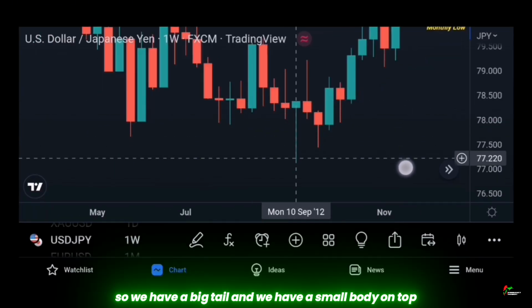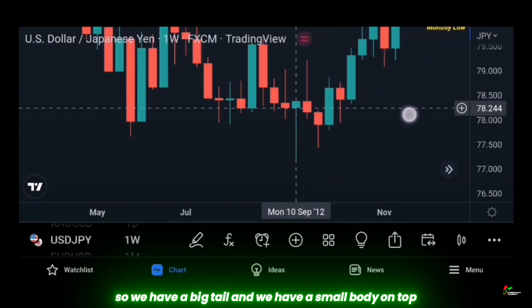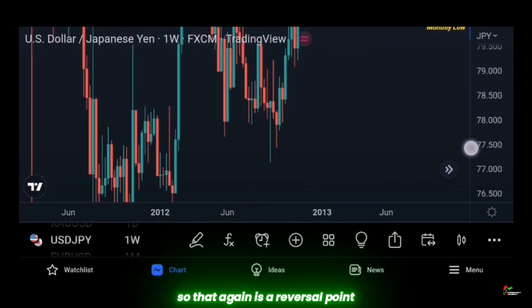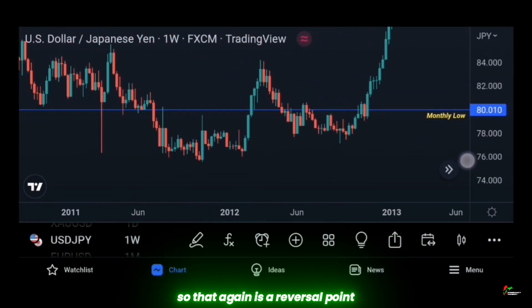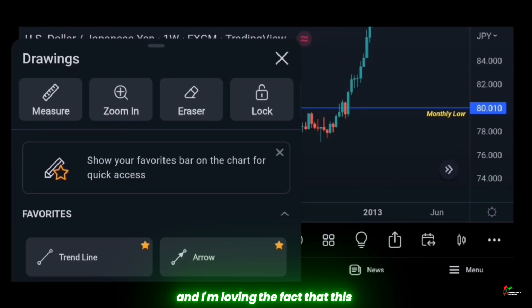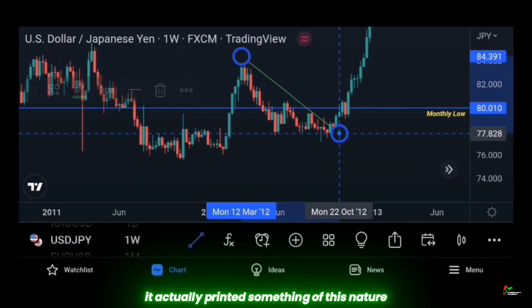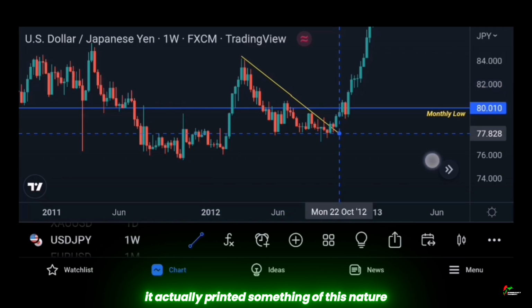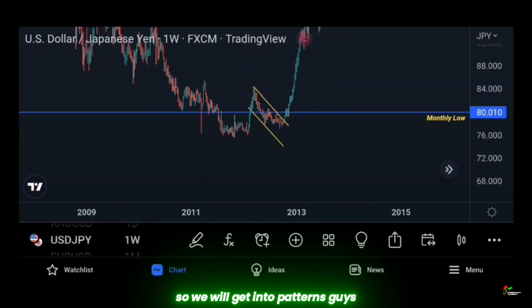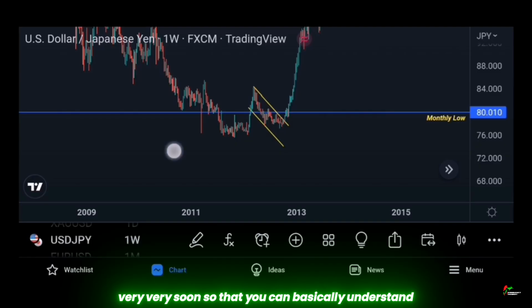So we have a big tail and a small body on top. That again is a reversal point, and I'm loving the fact that it actually printed something of this nature. We will get into patterns very soon, guys, so that you can understand.